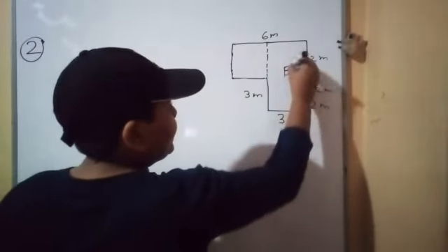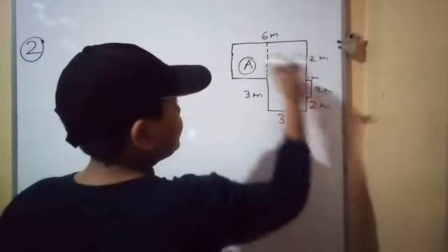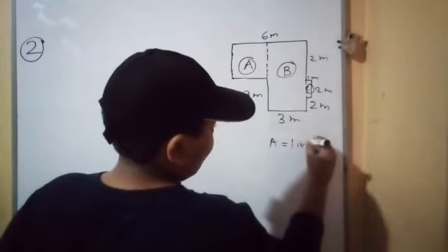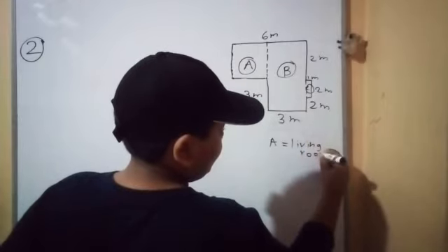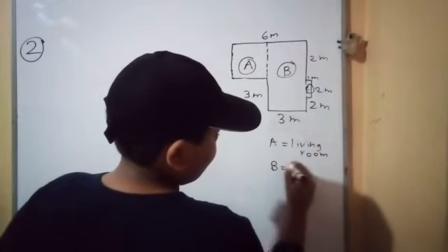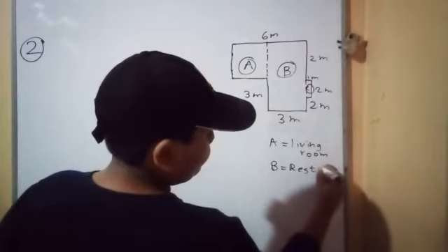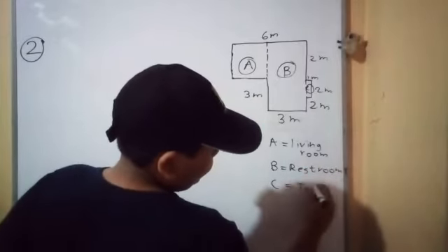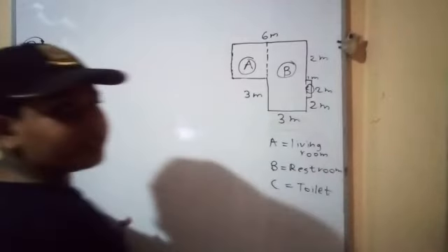Now this is called B, this is called A, this is called C. A means living room, B is restroom, C is toilet, or you can say bathroom.